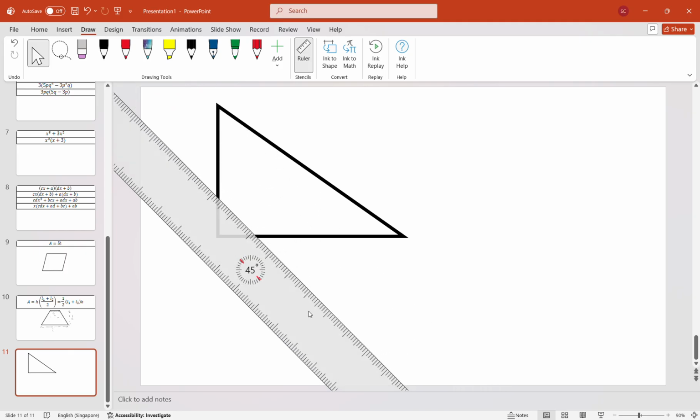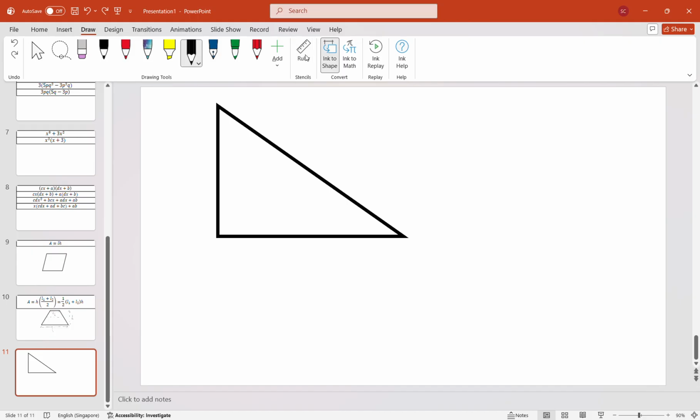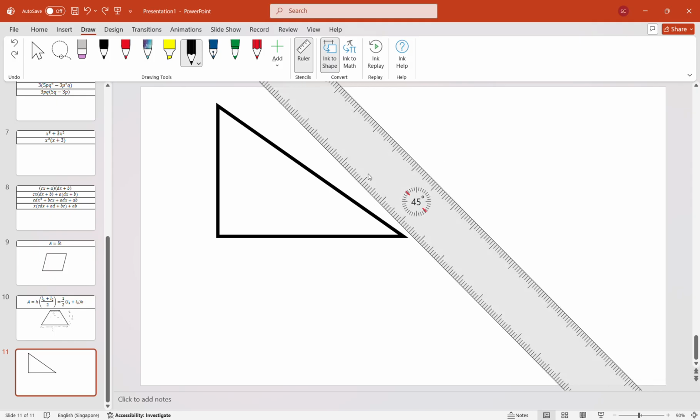Wait, my ruler is kind of not very good.